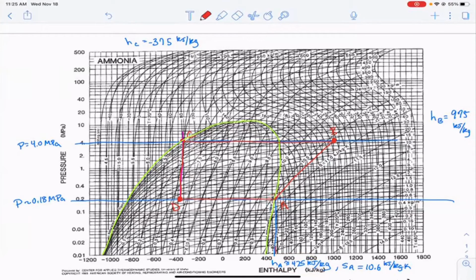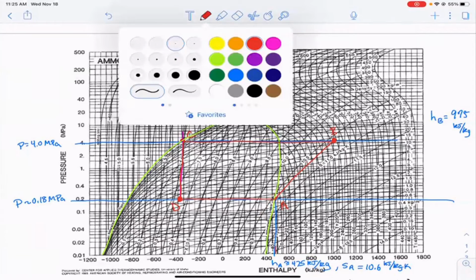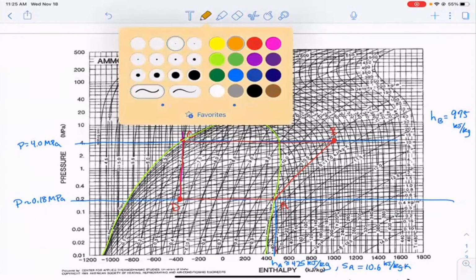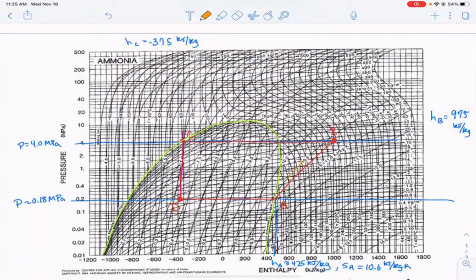And then remember, these lines of constant entropy are here. I'm going to use a different color just so I don't confuse. This is 10.5 here, and this is 11 here. And so I estimated that this was a fifth of the way, right? So the entropy here I estimated as 10.6.